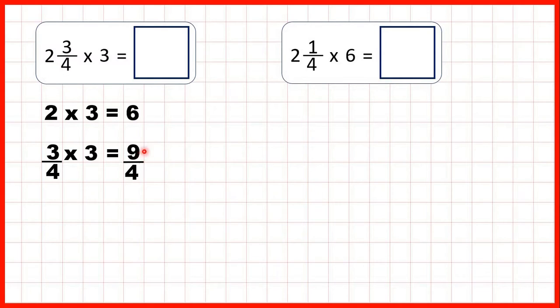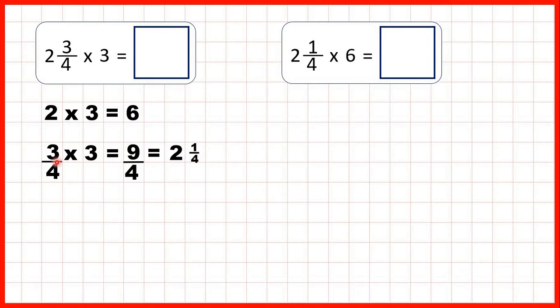But we can change 9 quarters to a mixed number. A fraction is really a division, so we can divide 9 by 4. That's 2 remainder 1, because 2 times 4 is 8, and then we need 1 more to get to 9. So notice the 1, the remainder, is written as the numerator, and the denominator stays the same.